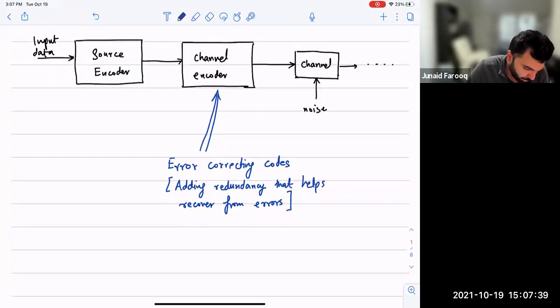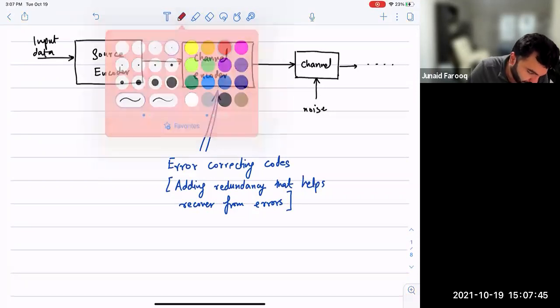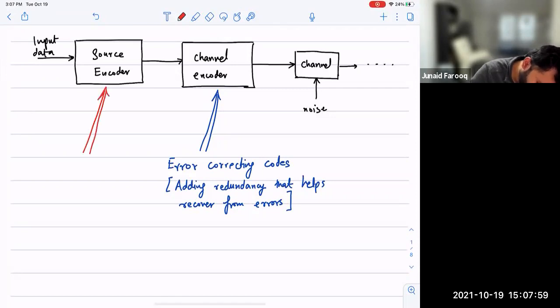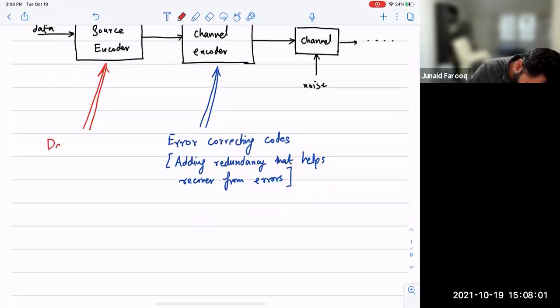Okay, so today we are going to look at the other piece of this encoding system. That's the source encoder, and the purpose of this is to make sure that your data is expressed in as few bits as possible. So basically, we want to do compression. Right, so we're looking at data compression.